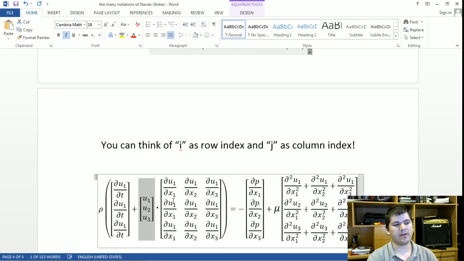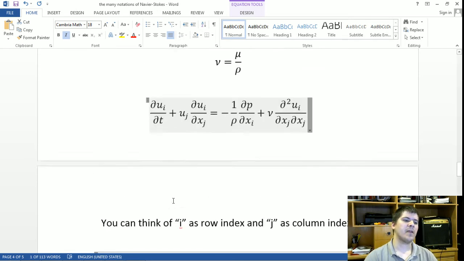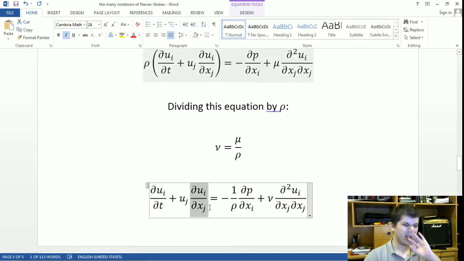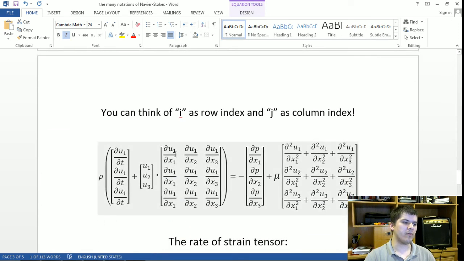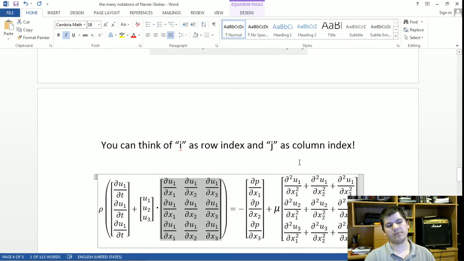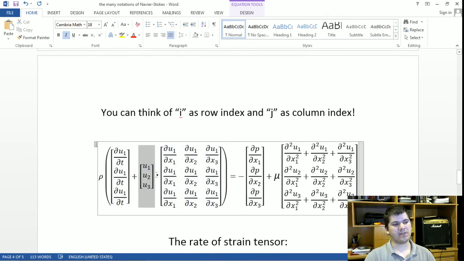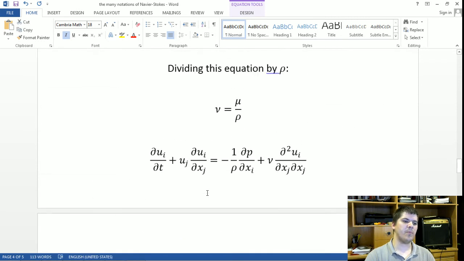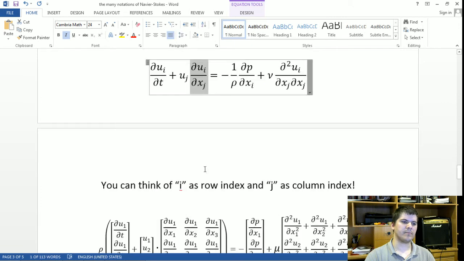It depends on the convention utilized. But here we have a tensor, so it has to be a three column and three row matrix. So there you go. It is a tensor, right? So it is a scalar product of the u vector and this tensor here. This term corresponds to this term, right?